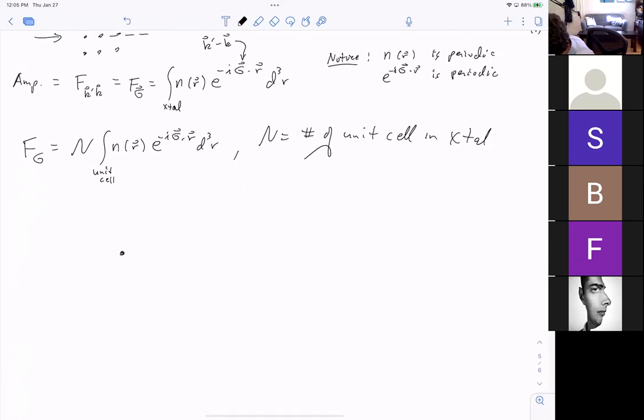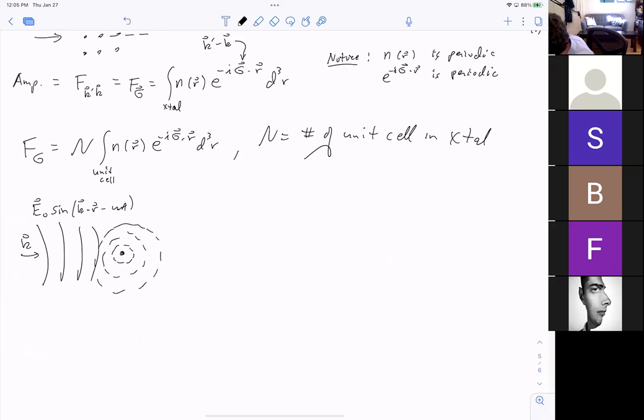In other words, if here's a scatterer, I have my incident wave, which is E naught sine K dot R minus omega T. That's the incident wave, with wave vector K. Then I have this scattered wave from this point, sending out waves in every direction.